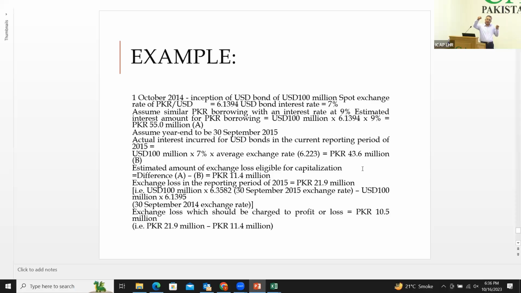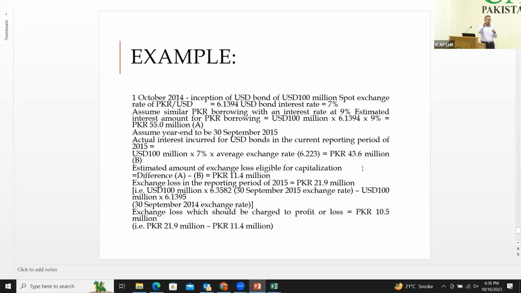The difference between the borrowing cost that would have been incurred if I had borrowed in local currency and the actual borrowing cost incurred on the foreign loan will be compared with the exchange loss. If the exchange loss is more than this amount, the difference can be added in the cost of a qualifying asset.